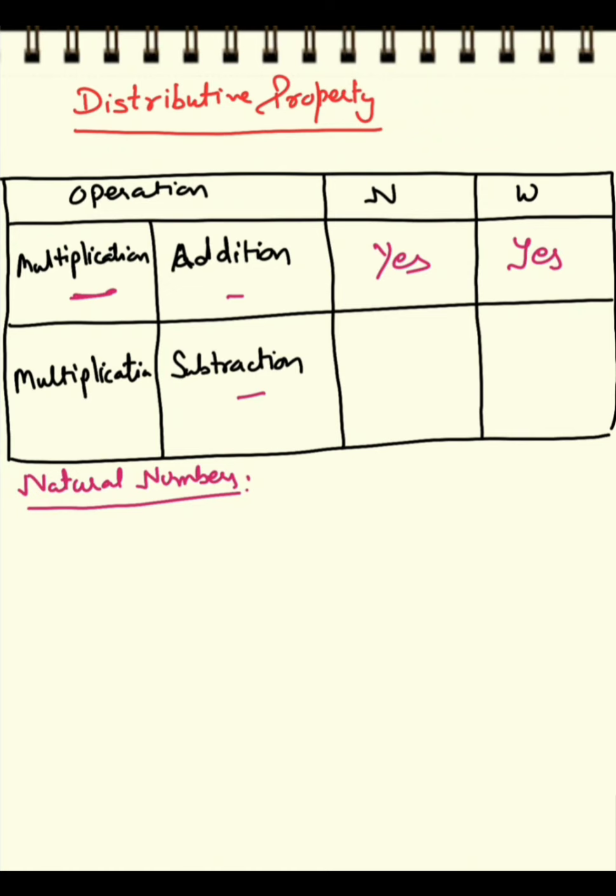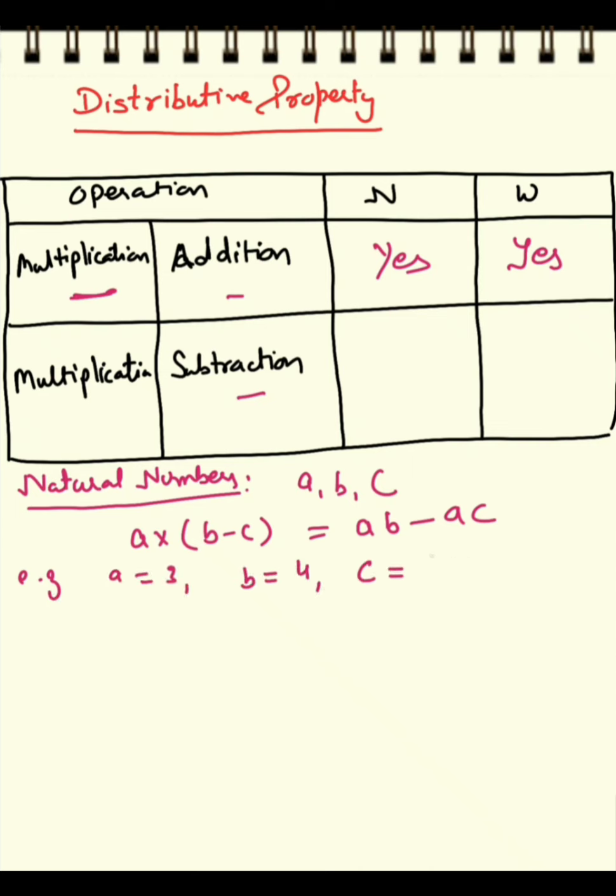Let's see whether the multiplication of natural numbers is distributive over subtraction or not. For that, again we'll take three numbers A, B and C. Then we have to prove that A multiplied by B minus C is equal to AB minus AC. Let's take, for example, A equal to 3, B is equal to 4 and C is 1. So first I'll take the left hand side, which is A into B minus C. A is 3, B is 4 minus 1, which is equal to 3 into 3, which is equal to 9.